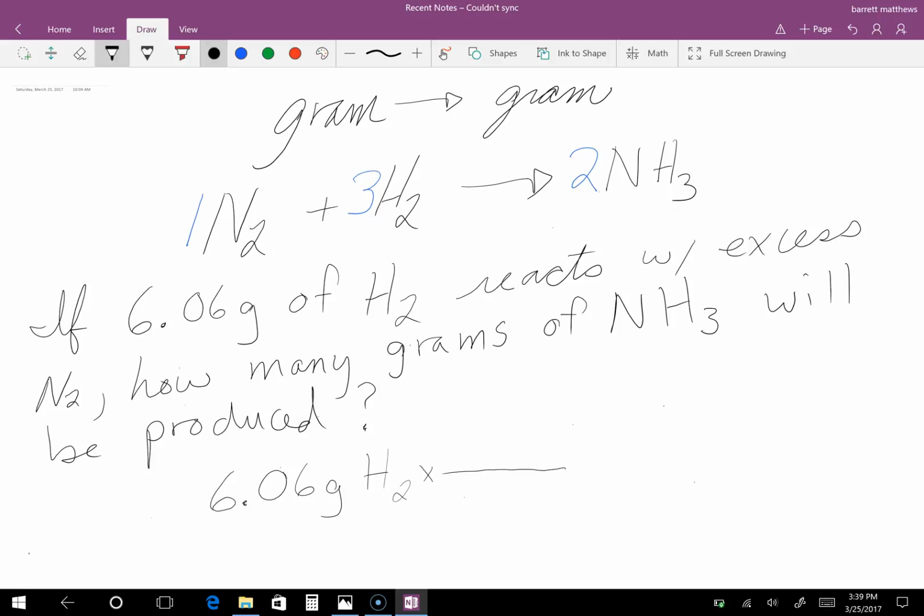And then I will begin. First, I need to get grams into moles, a relatable unit. Put my moles on top because that's what I want. Put my grams on the bottom. Hydrogen is 2.02 grams. 1 is always used in molar mass.